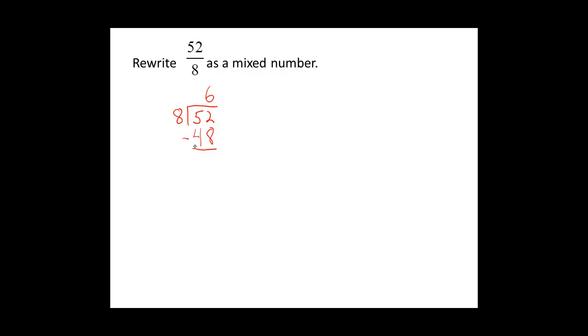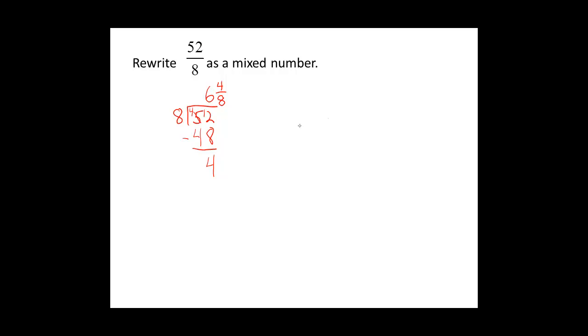Then we subtract. 12 minus 8 is equal to 4. The number that we get as our remainder must be less than the number we divided by. The remainder of our long division becomes the numerator of our fraction, and the denominator will remain the same as the denominator from our problem.